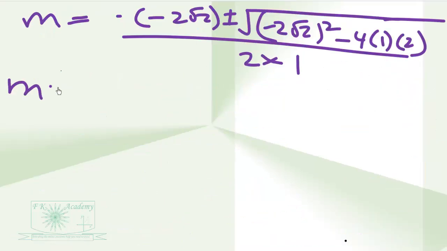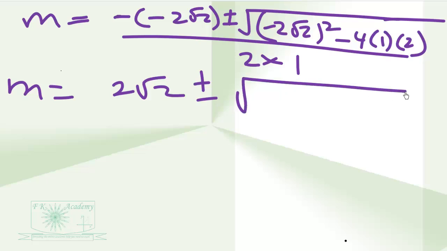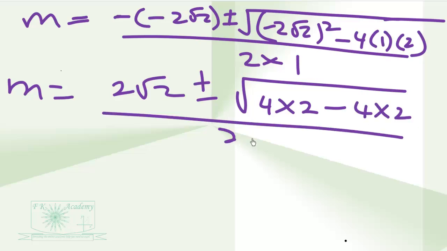So this will simplify to negative, negative gives us 2 square root of 2. Then we have plus or minus square root of negative 2 squared will give us 4, then square root of 2 squared will give us 2, minus 4 times 2, all over 2.